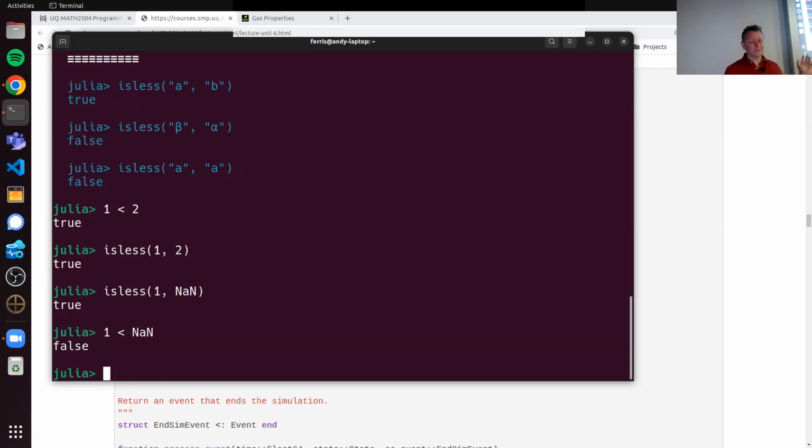So if you wanted to order things in Julia, you tend to use the isLess function to figure out if something's before the other rather than this function, because there are a few corner cases like this where it just doesn't quite work out. Another one is missing.